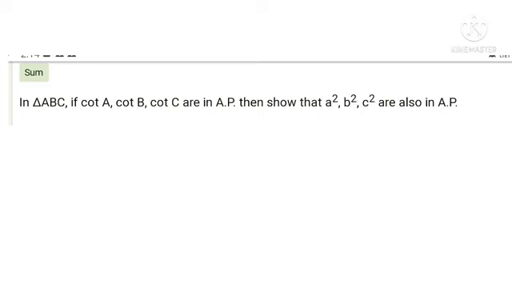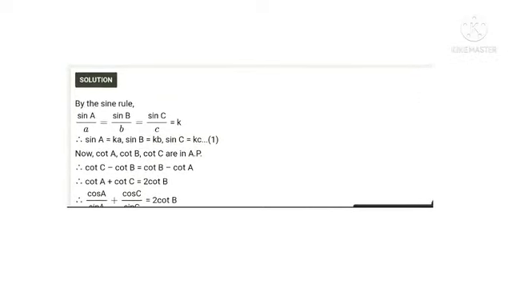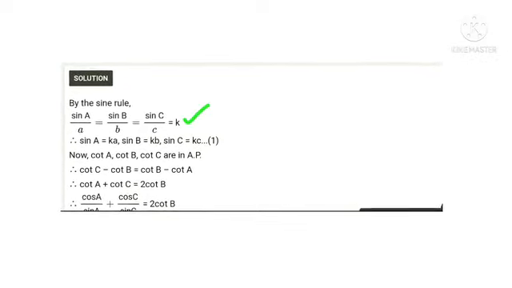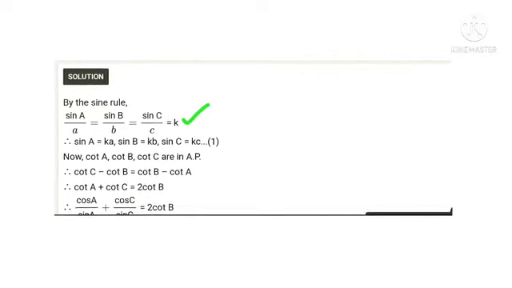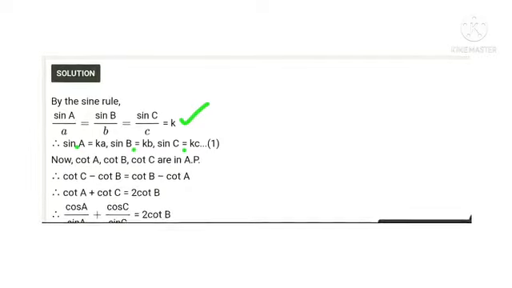Next question. In triangle ABC, if cot A, cot B and cot C are in AP, then show that a square, b square, c square are also in AP. You had learned arithmetic progression. By the sine rule, you write sin A upon a is equal to sin B upon b is equal to sin C upon c. From this you write sin A is equal to ak, sin B is equal to bk and sin C is equal to ck.